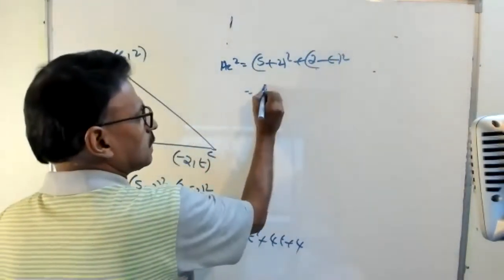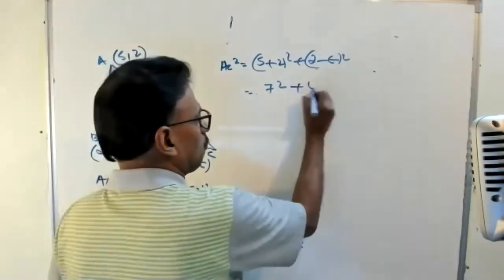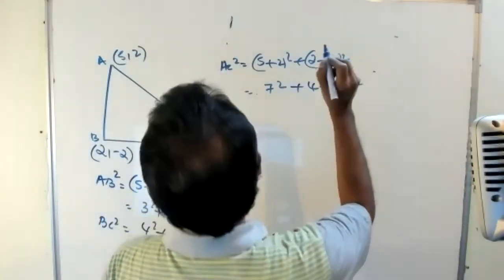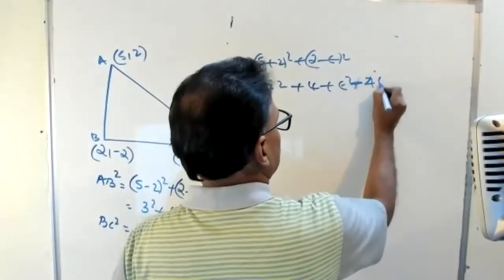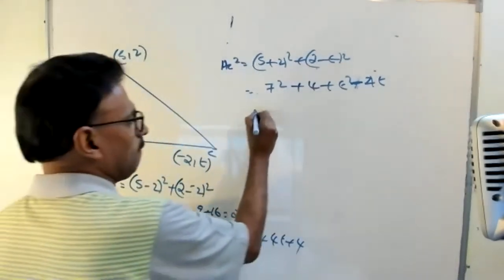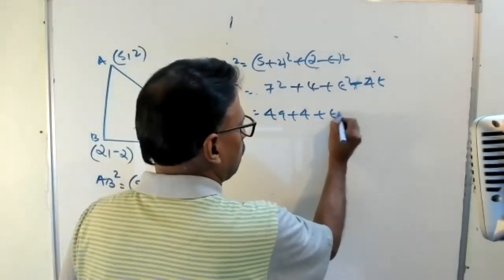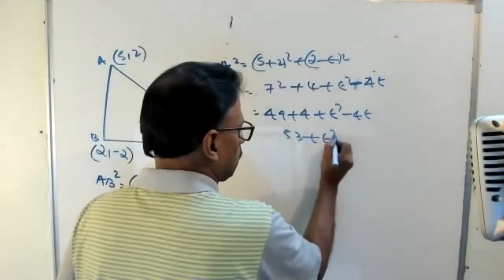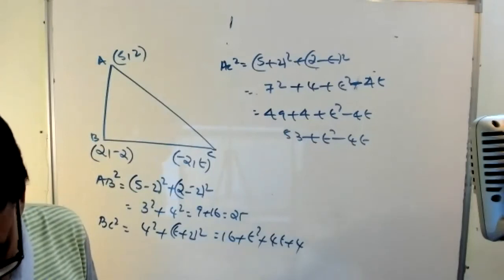That is 7 square plus 4 plus t square minus 4t, that is 49 plus 4 plus t square minus 4t, 53 plus t square minus 4t. Are these all correct or not?